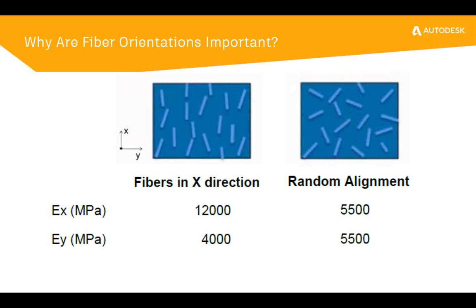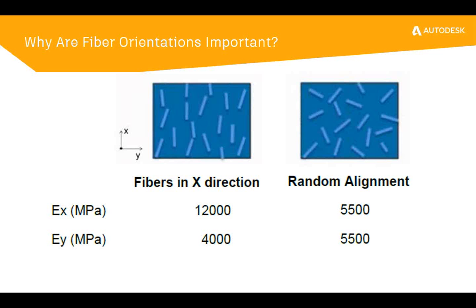When we have random alignment, our material reverts back to a more isotropic stress state or stiffness state where we have stiffnesses that are equal in the X and Y direction. And then, of course, we have almost an infinite spectrum of possibilities in between when we have fiber alignment and random alignment.